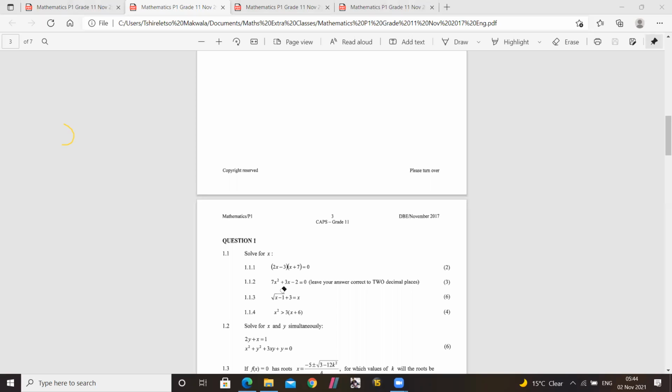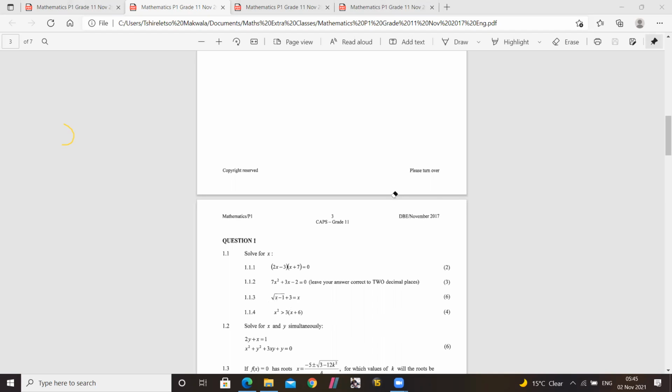Because if there's a surd, then some of your x's may not work. So you might get maybe two answers, maybe 5 or -2. Then when you substitute them here and the answers on both sides differ, you know that x value is not applicable.